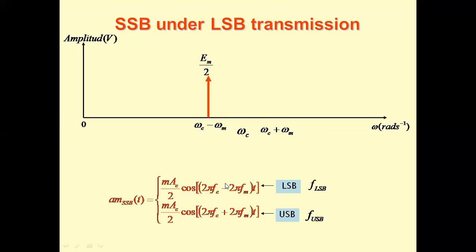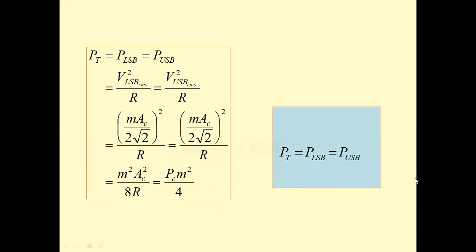This term is only transmitted under SSB modulation with lower sideband transmission. You can transmit either this wave or this wave, not both. If you transmit both, it results in DSBSC. Any one component you can transmit, that results in the SSB modulation scheme.